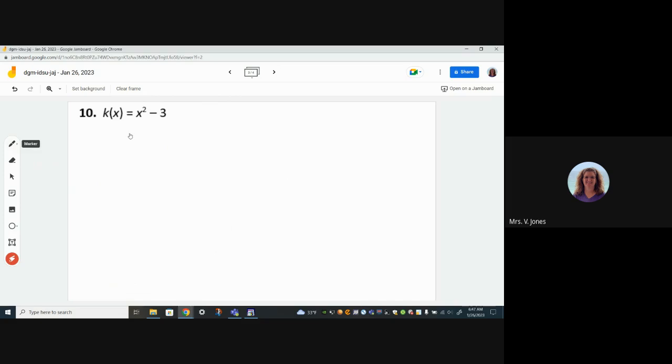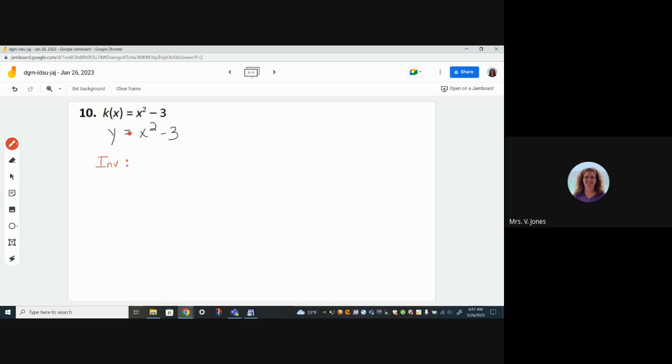We're going to do the same thing here. So we are going to first rewrite it so that there's a y instead of a k of x. This is function k, and it has an x in it. You look over here, yep, there's an x. That's the letter that we're going to see. So now we're going to find the inverse of this function.